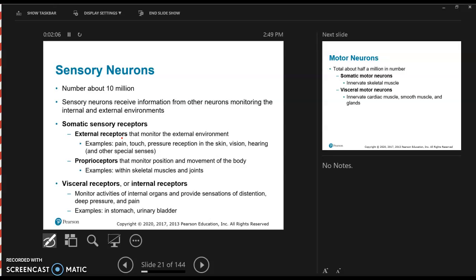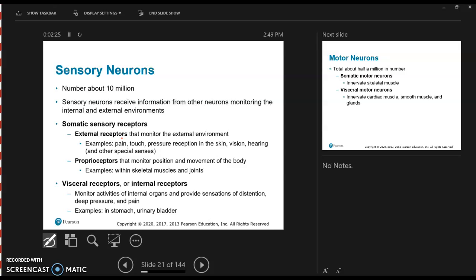So examples are going to be pain, touch, pressure reception in the skin, vision, hearing, and actually other special senses like taste and smell, okay?